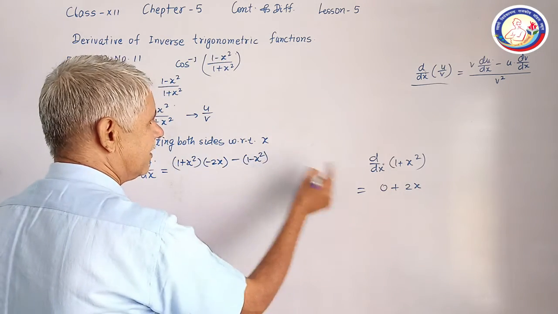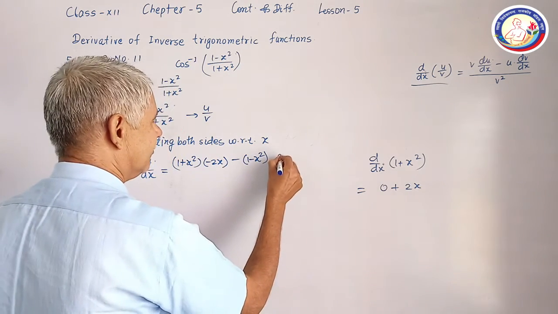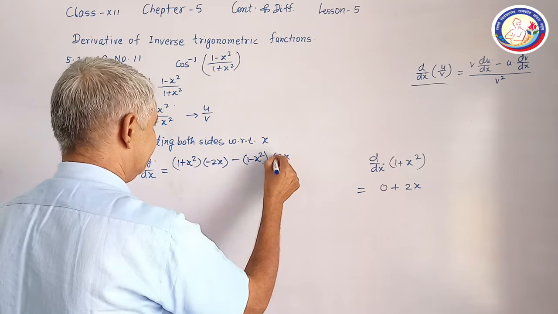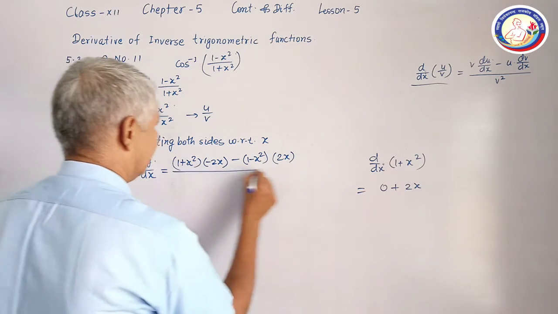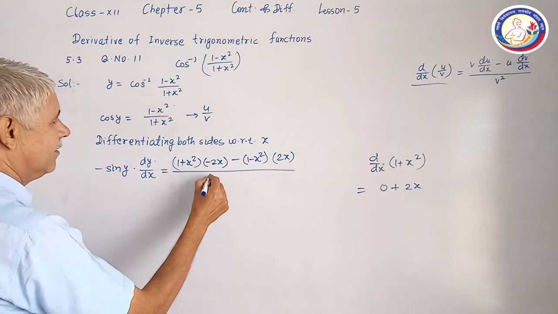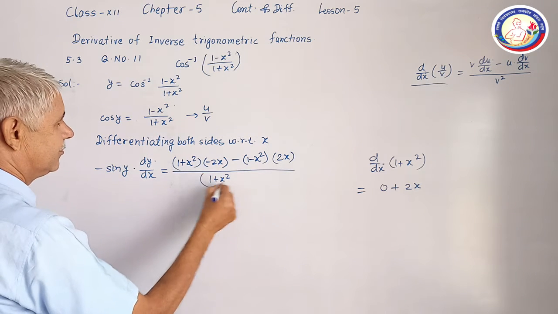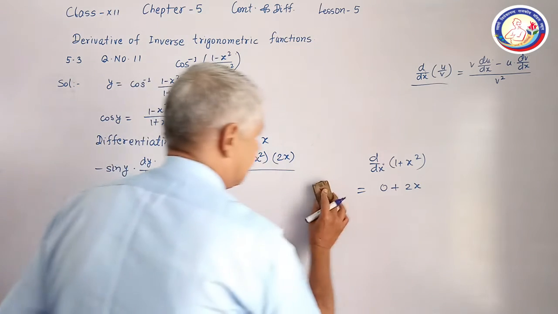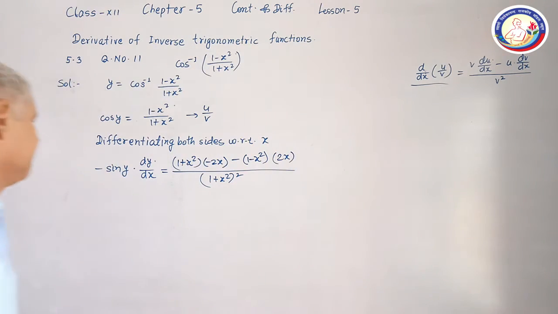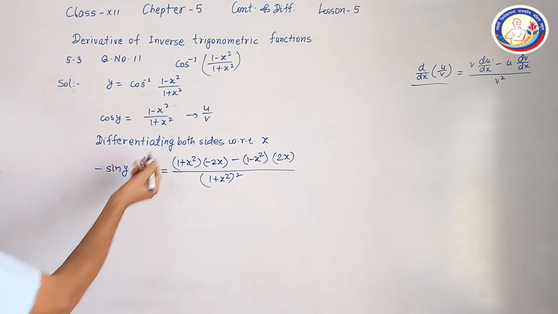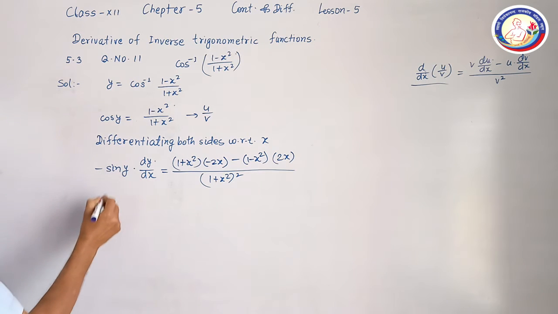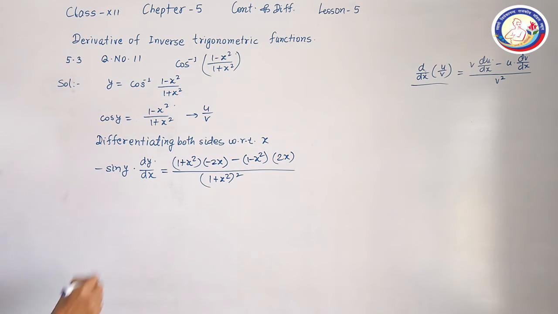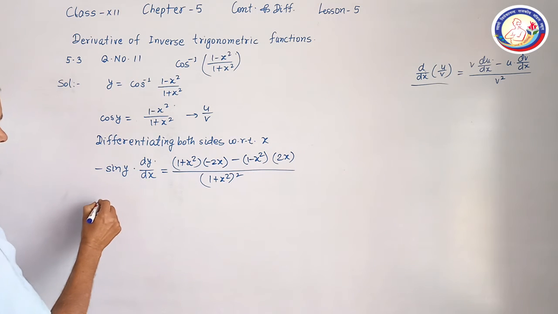So I am writing here directly 0 plus 2x, that is 2x, divided by v square, 1 plus x square whole square. Here we can solve it.